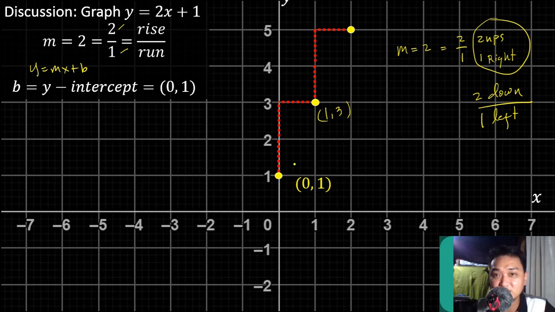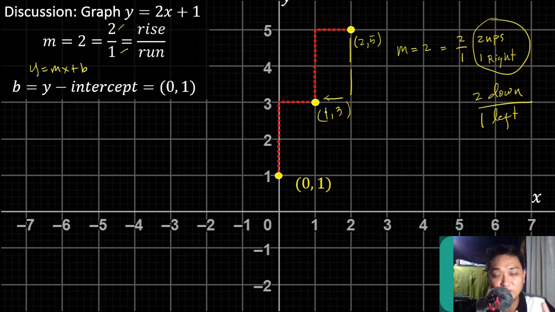Let us try. Where do we start? By the way, let us double and triple check whether this will work from the points on our graph. Take note, the coordinate of this is (2, 5). So, from (2, 5), let us try 2 down, 1 left. So, 1, 2 down, and 1 left.